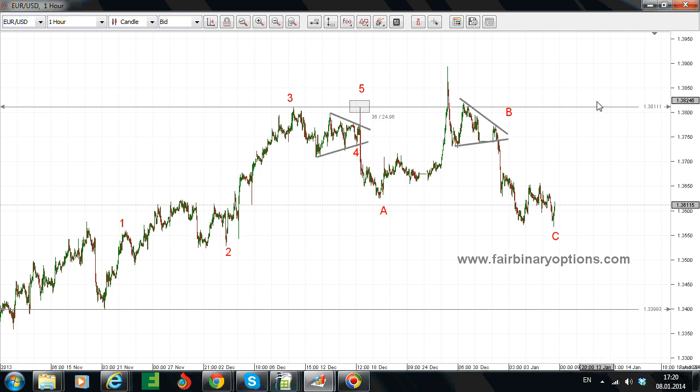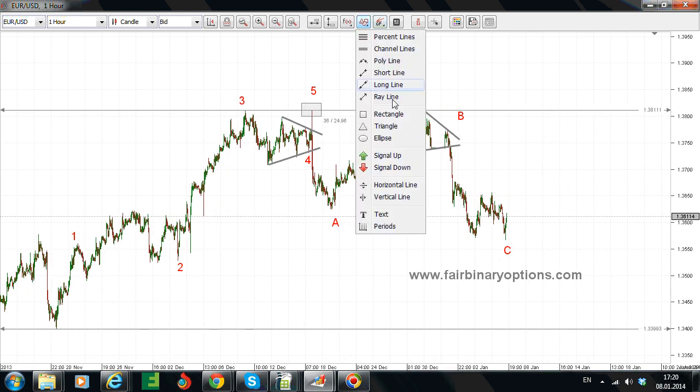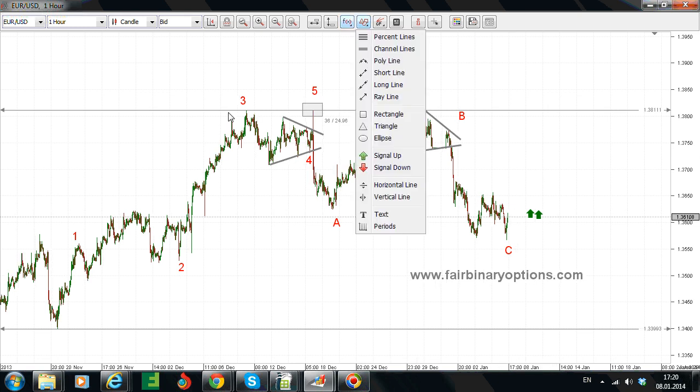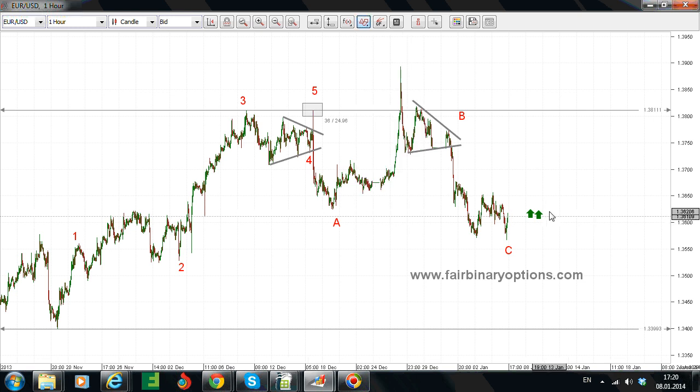In both cases, we are in a win-win situation, in the sense that price should go to the upside, and therefore the thing to do is to buy call options, as we are trading binary options. So we are buying call options based on this.